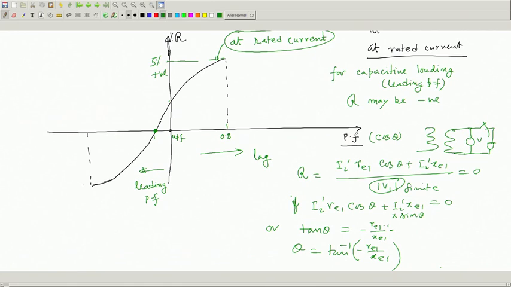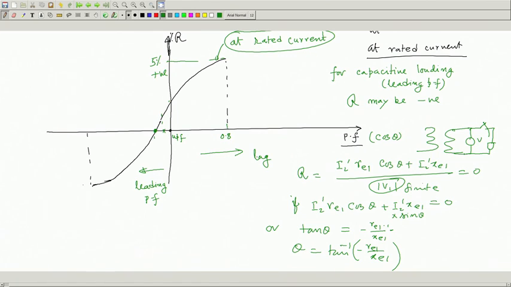So, one should not get surprised if I have connected a load and the voltage has risen. Maybe you have connected a capacitive load with a leading power factor. Not for all capacitive loads will it be negative or 0, because for a capacitive load of a different power factor, regulation will become positive. One can get a number of curves at different current levels.